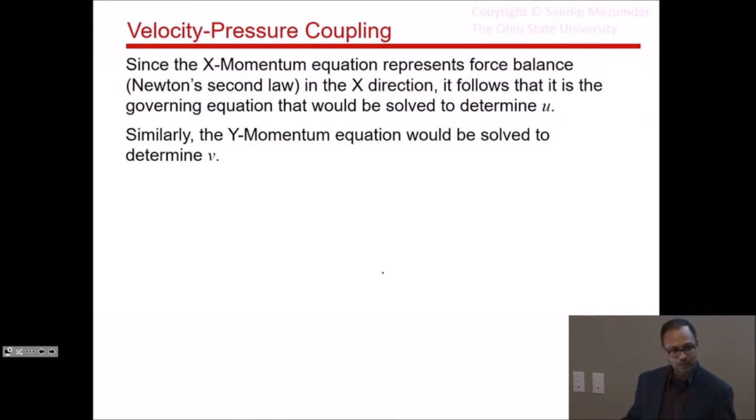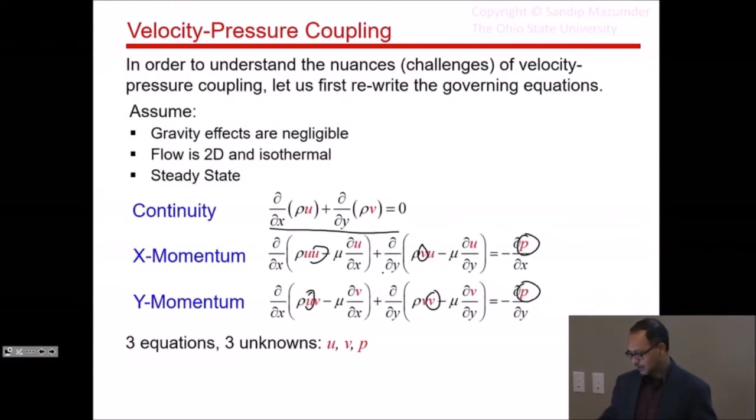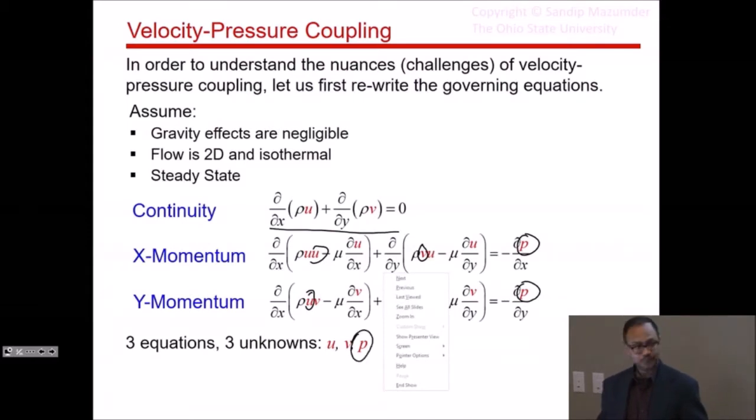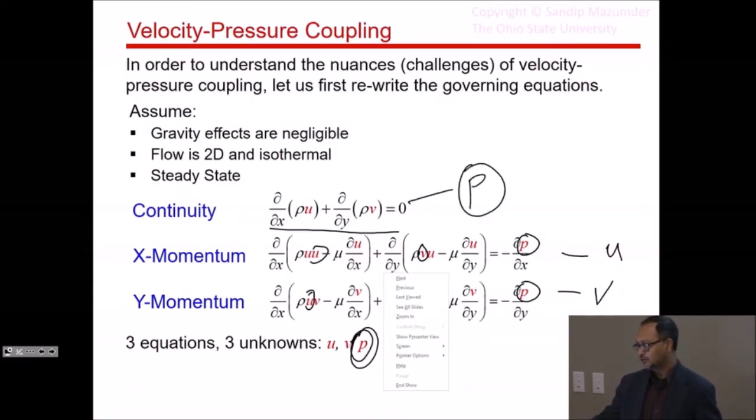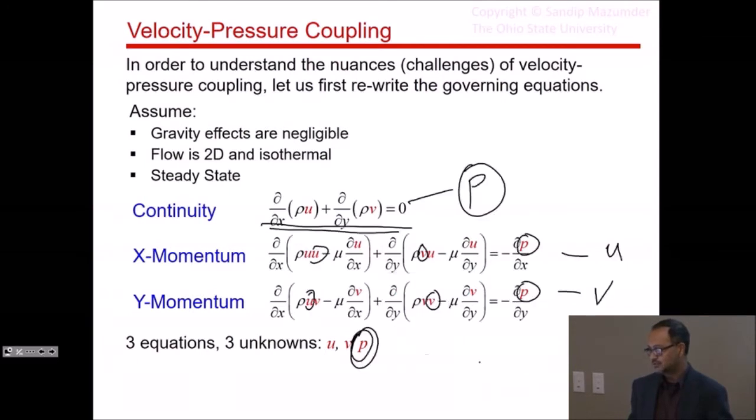That leaves me now with the continuity equation, which should, based on this list, give me pressure. Because this one gives me u, this one gives me v, this should come from the third equation. Unfortunately, this third equation has no p in it. And that's where this whole business of pressure-velocity coupling comes in, and that's why it's so challenging.